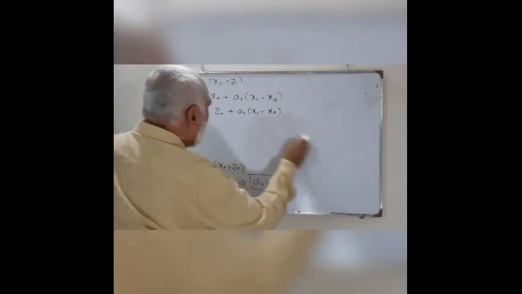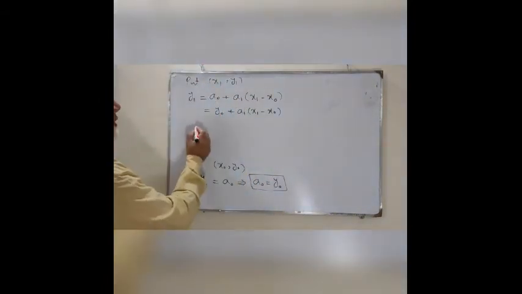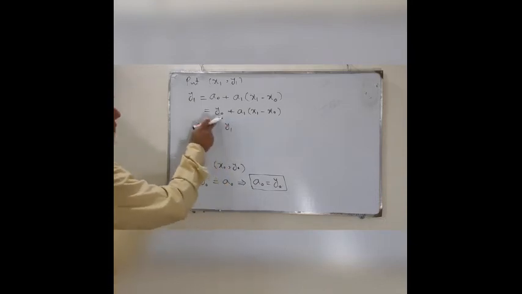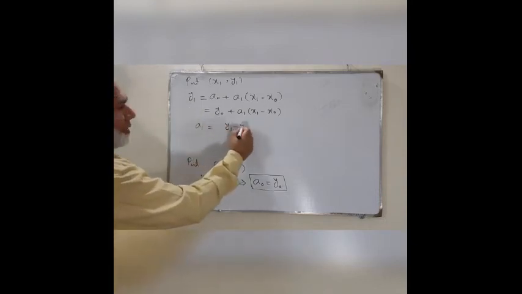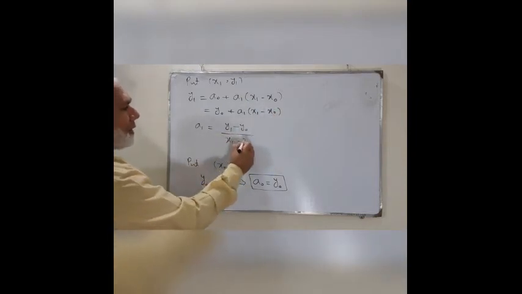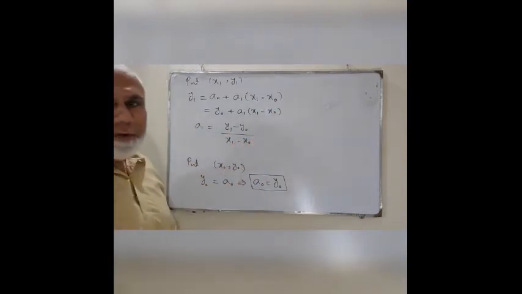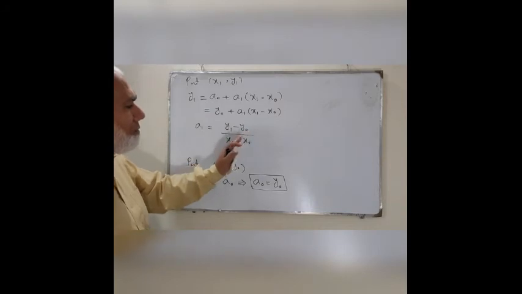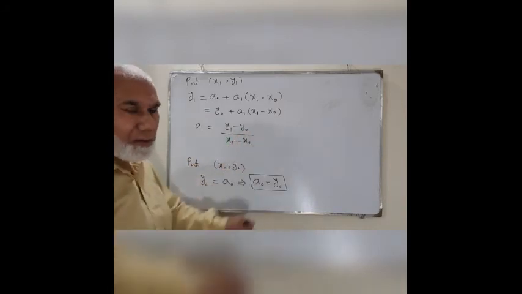In order to separate a1, we can write a1 is equal to, on shifting this to the left side, y1 minus y0, and on dividing, x1 minus x0. So here you can see we got the second unknown a1, which is y1 minus y0 over x1 minus x0.